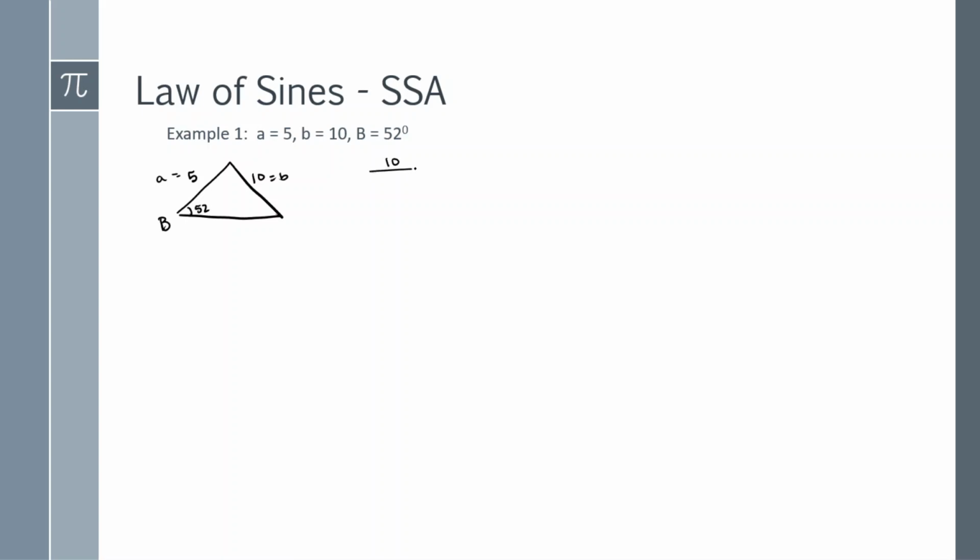I know that 10 over the sine of 52 is going to equal 5 over the sine of A. So if I cross multiply, and then I divide, I know that sine of A is going to equal this quotient.